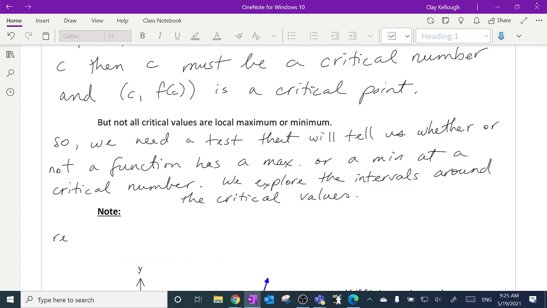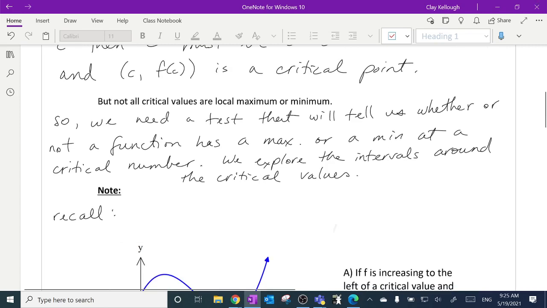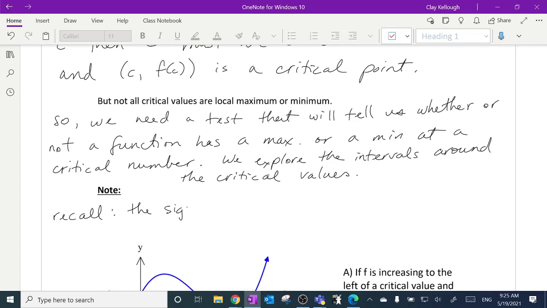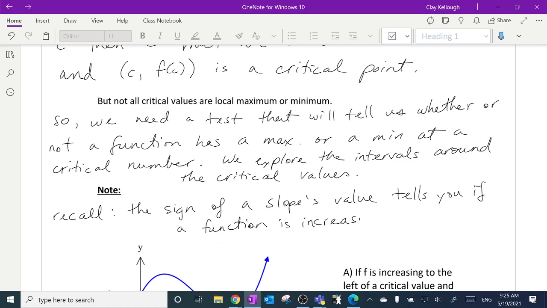Note, please recall that the sign of a slope's value tells you if a function is increasing, and of course that's positive, or decreasing at that point. Okay, that's a lot of writing.